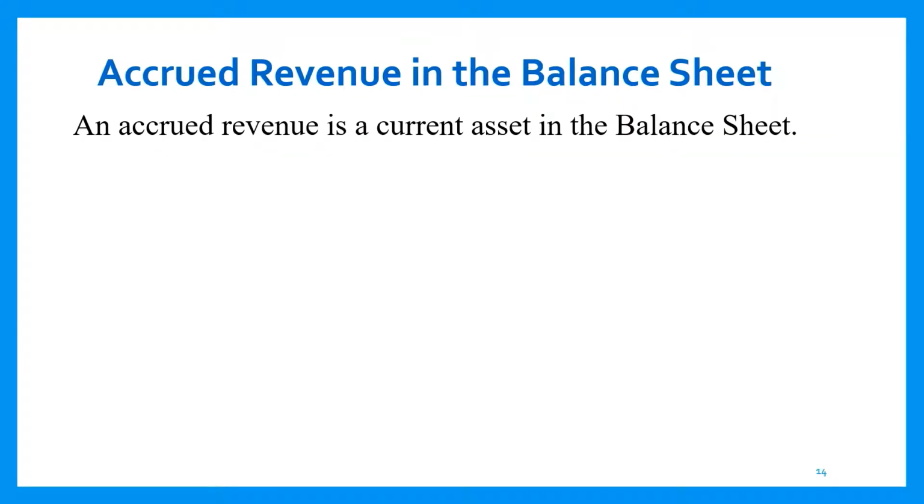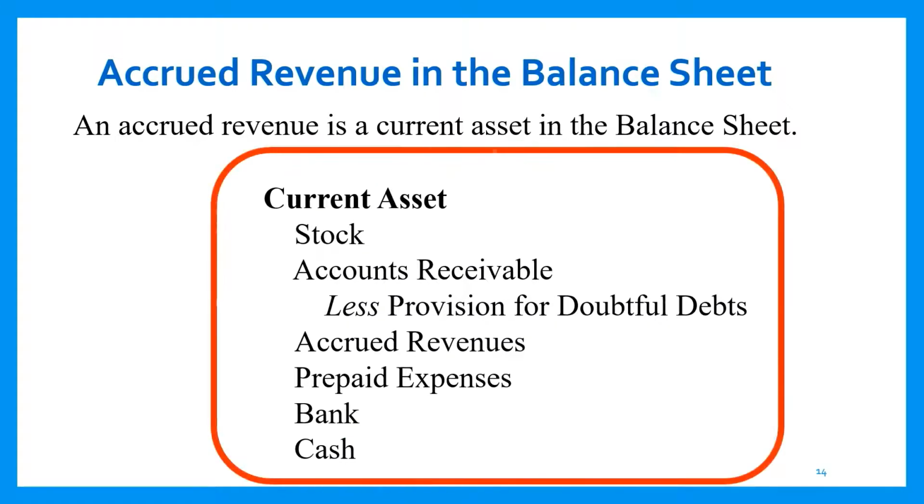Remember that only revenue for the current accounting period should be included in the profit and loss account for that period. Any amount that is owing for the previous accounting period must be subtracted. The revenue owed to the business will be a current asset entered below trade receivables on the balance sheet.